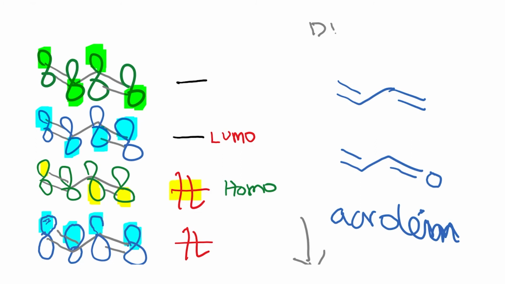The second thing, which you can expect from previous discussion, is that there's going to be a fair amount of distortion and asymmetry because of the presence of the oxygen. Now, if I draw out the levels for acrolein, I'm going to draw this out in the following manner so that it's easy for us to follow, and then we'll draw out the orbitals.